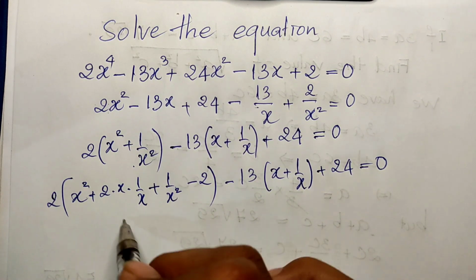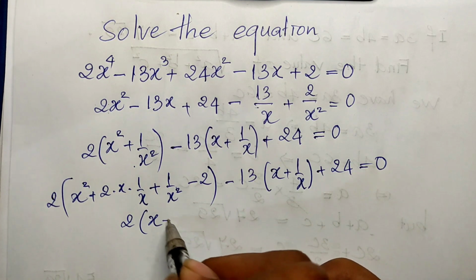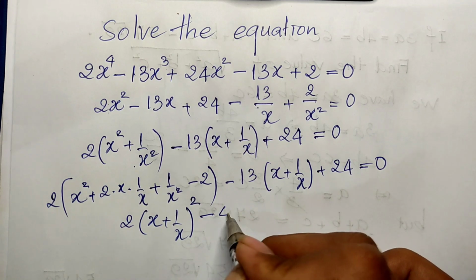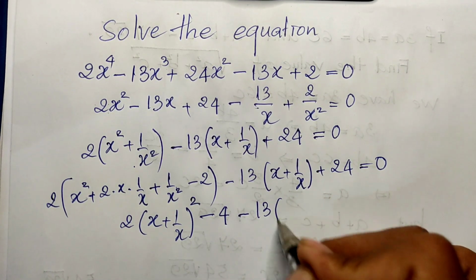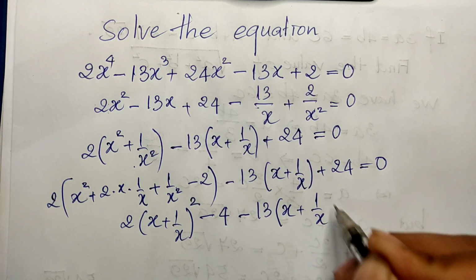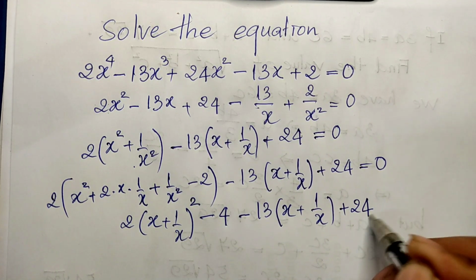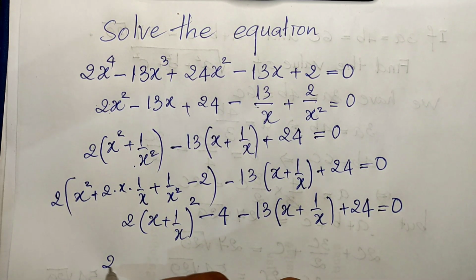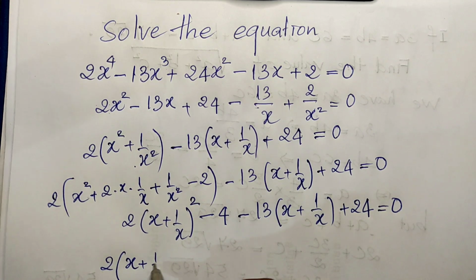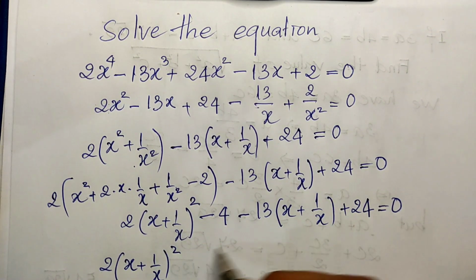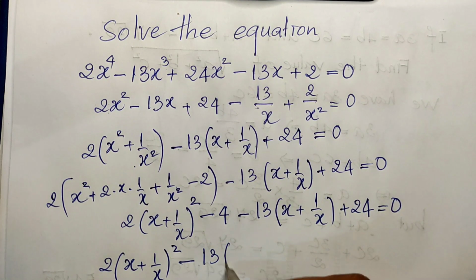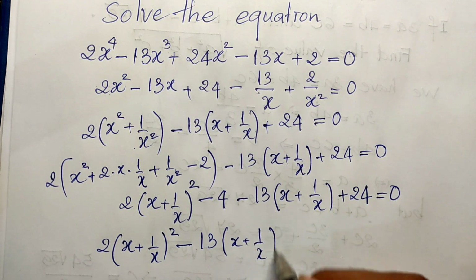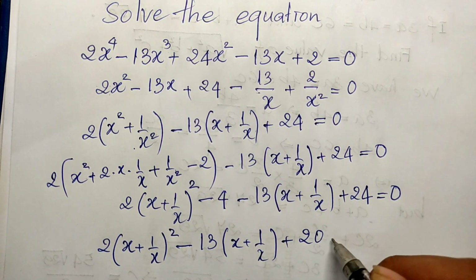So I get 2 multiplied by h plus 1 divided by h, all squared, minus 4, minus 13 multiplied by h plus 1 divided by h, plus 24 equals 0. Now I get 2 multiplied by h plus 1 divided by h, all squared, minus 13 multiplied by h plus 1 divided by h, plus 20 equals 0.